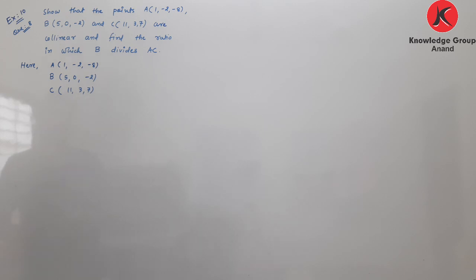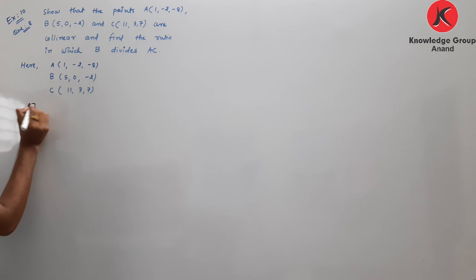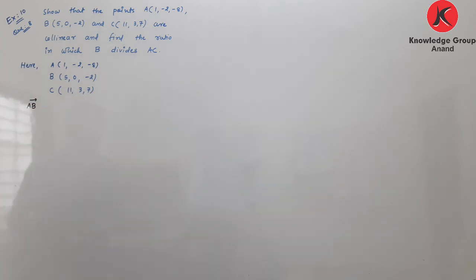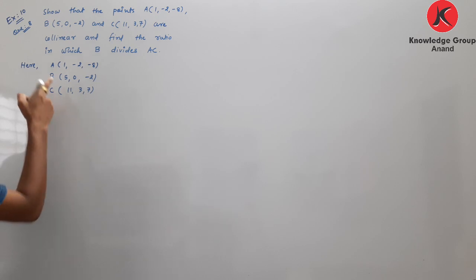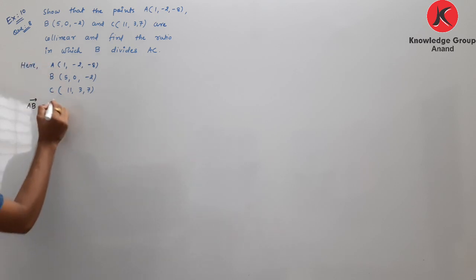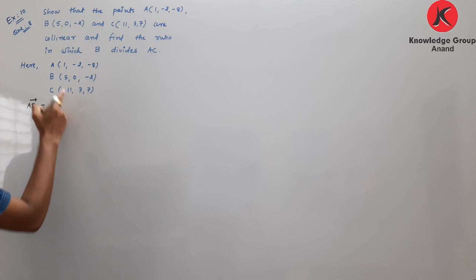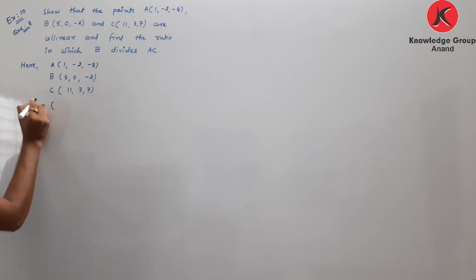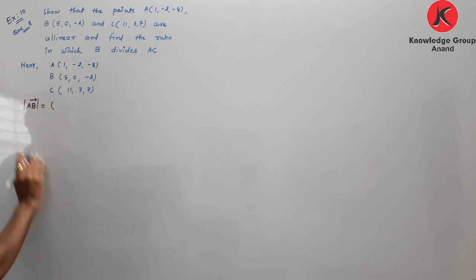Okay. Now find the distance between A and B by use of vector AB. The vector AB equals B bar minus A bar. Therefore, we can calculate 5 minus 1, or the magnitude of vector AB.